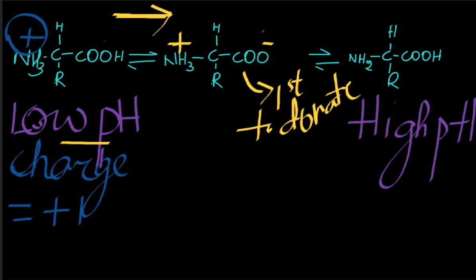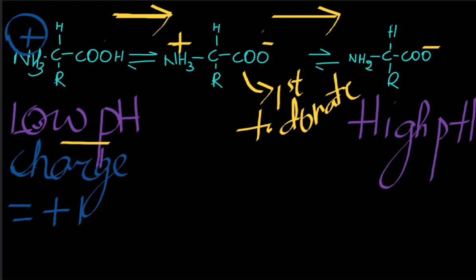So who is the first one to donate? It is the COOH. Now as you can see, again, the pH is increasing, right? The COOH has already given its hydrogen and has gained a negative charge.